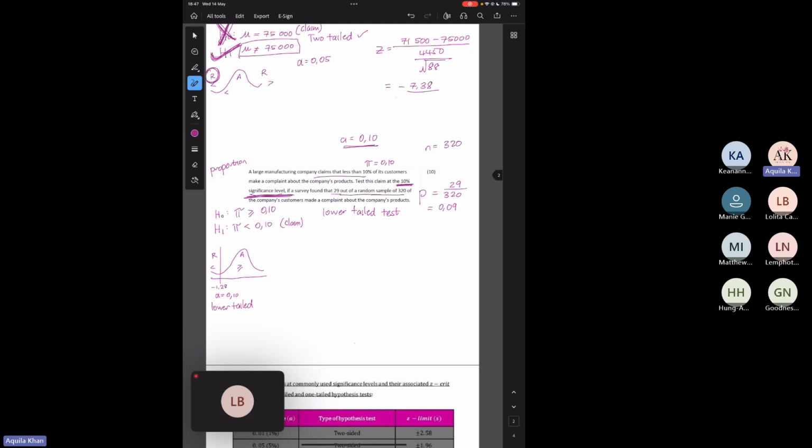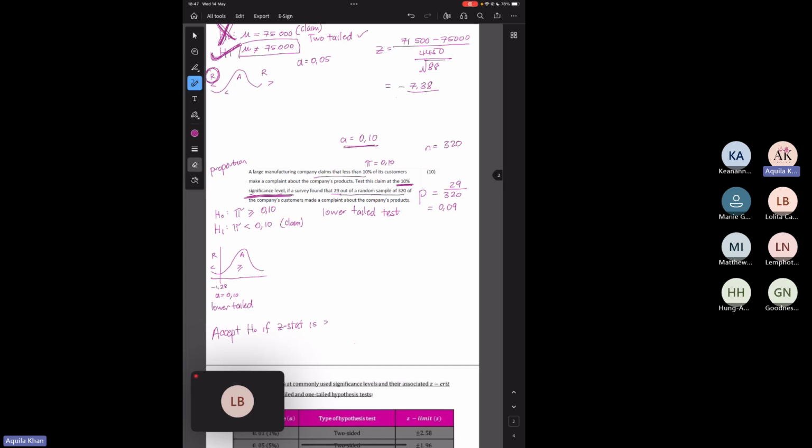So now that you have that, you need to write it out in words. So you will say, accept the null hypothesis if your test statistic, your Z statistic, is, so you'll accept, there's the region here of acceptance. It's where it's greater than or equal to.